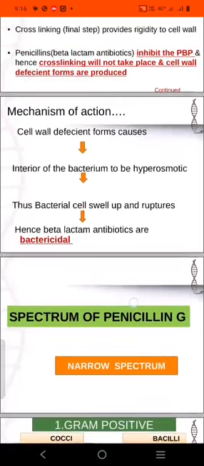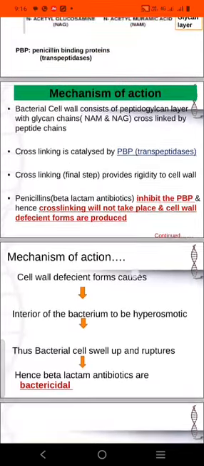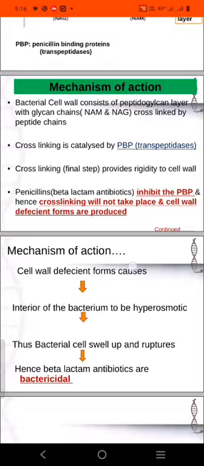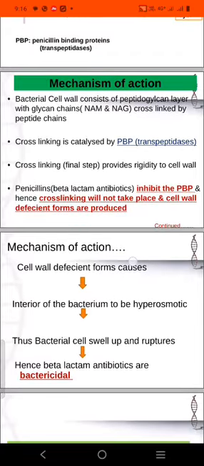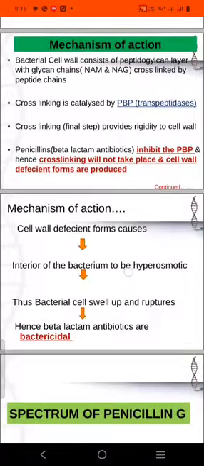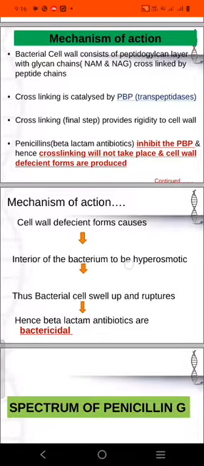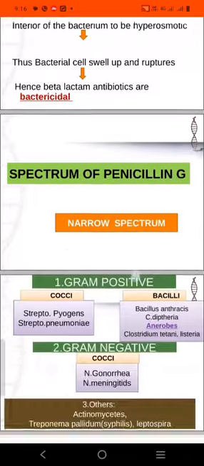Hence, beta-lactam antibiotics are bactericidal antibiotics. Understand? So, if the cross-linking takes place, it provides rigidity to the cell wall. Penicillins inhibit the penicillin binding protein, hence cross-linking will not take place and cell wall deficient forms are produced.